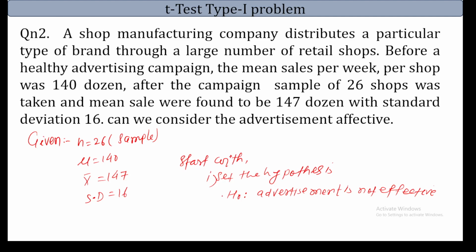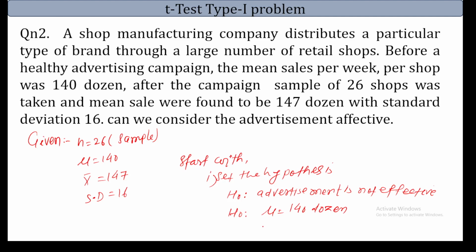If it is significant, we can reject the null hypothesis. Okay, so we will say H naught: mu is equal to 140 dozen.